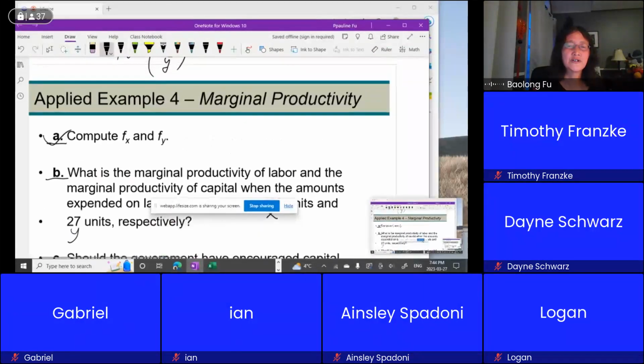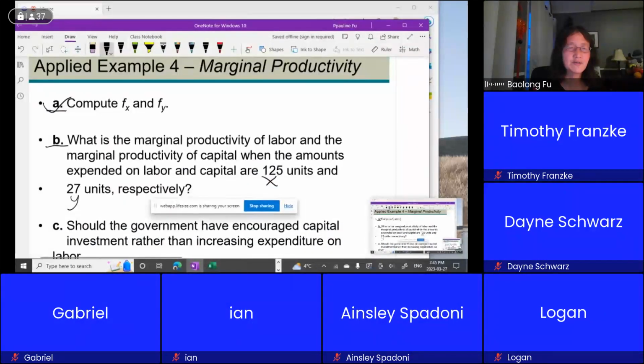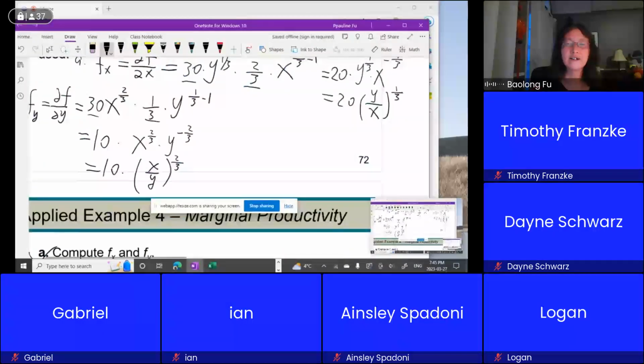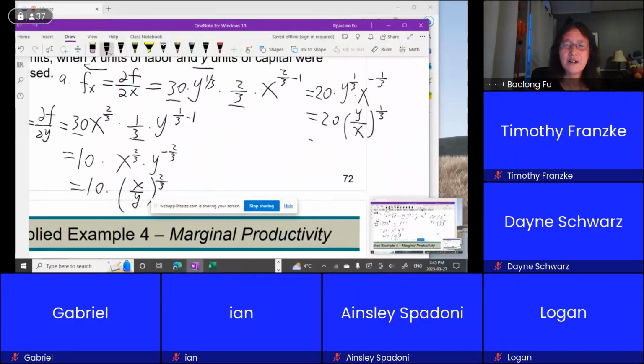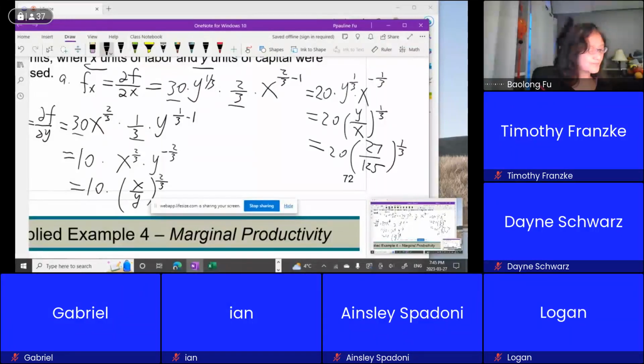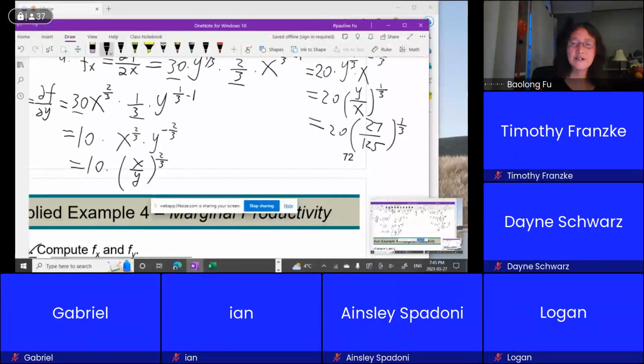So you just plug in x is 125, y is 27 here, and figure out what this number is. This is a two-line calculation. This is 12.